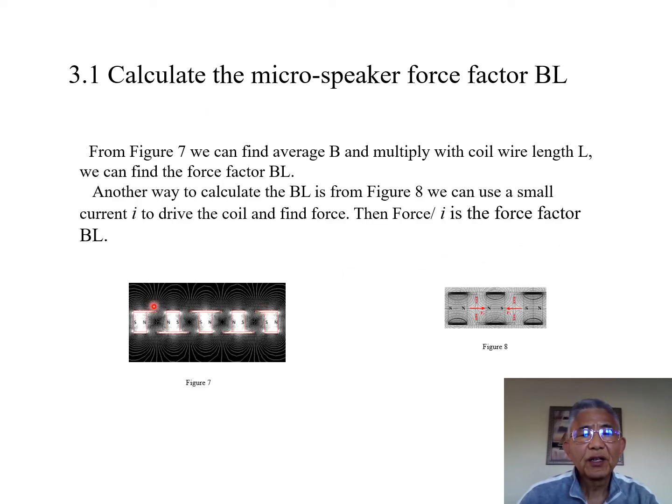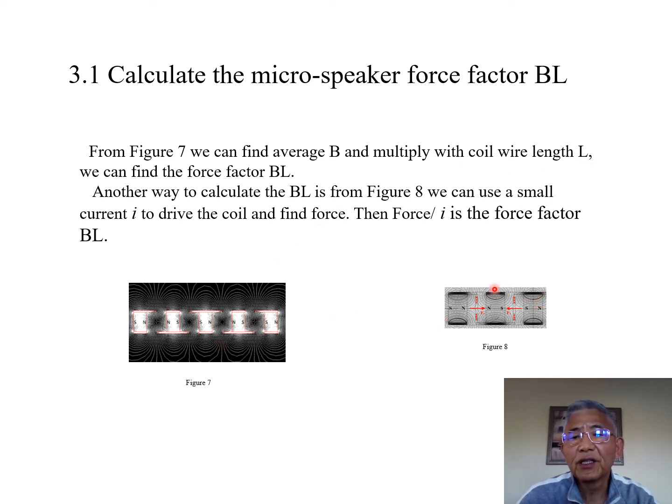So based on Figure 7 and Figure 8, we can calculate the BL. The BL is obtained by averaging B over the coil travel surface. Then use that value, multiply by the coil wire length L, and you get BL.